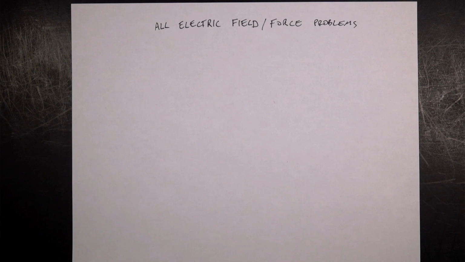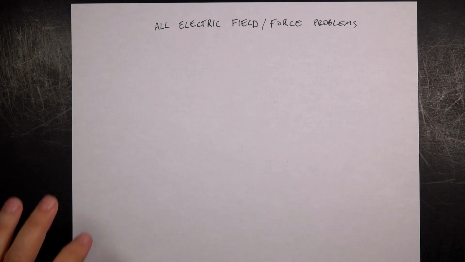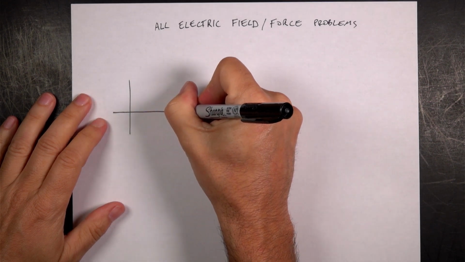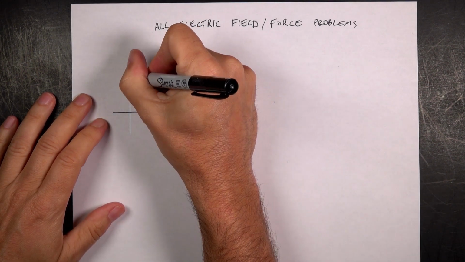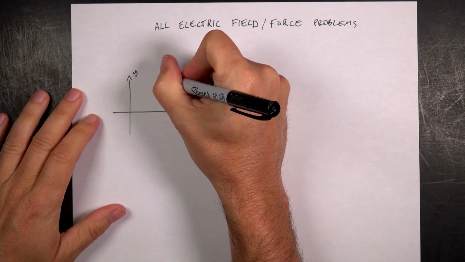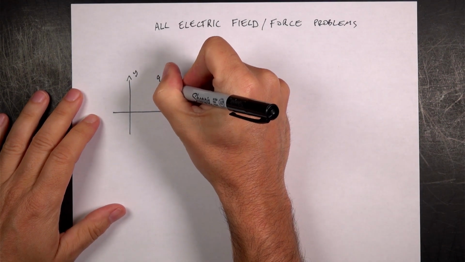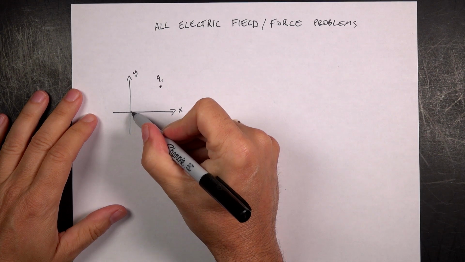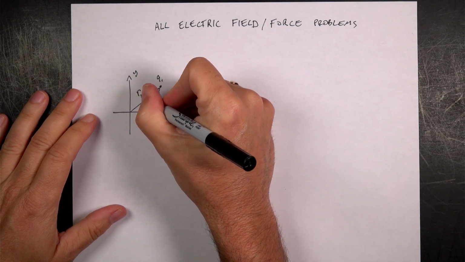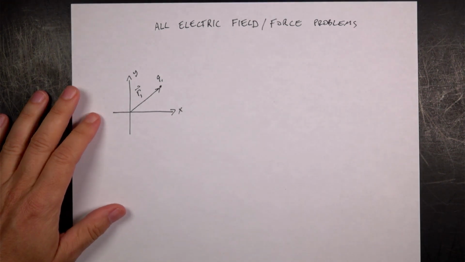Okay, so the first thing we need to do is understand something about the electric field. Imagine I have XYZ axes, but I'm not going to draw that because I don't like to. And a charge, I'll call it Q1, right here at a vector location R1.